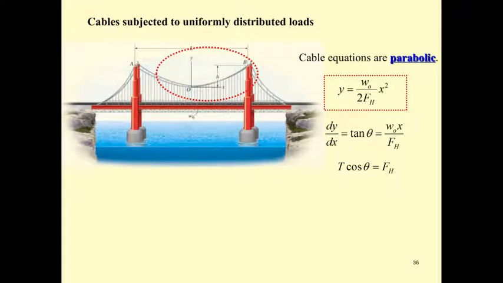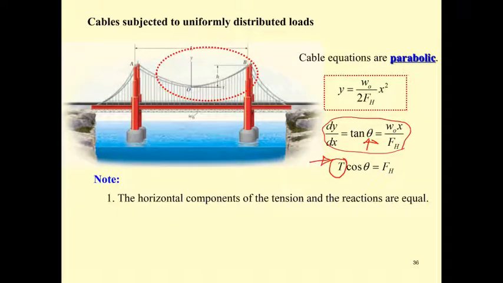And also we have these two equations. The second one determines the zeta, which is important if you like to find the tension at any point of cable. So to find the tension force at any point of cable, you have to determine the zeta at that point.